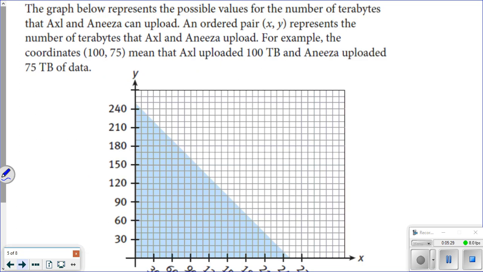The graph below represents the possible values for the number of terabytes that Axel and Anisa can upload. An ordered pair, X, Y, represents the number of terabytes that Axel and Anisa upload.